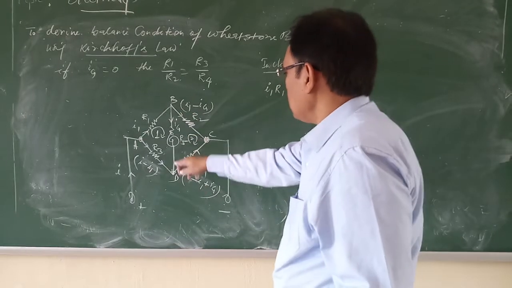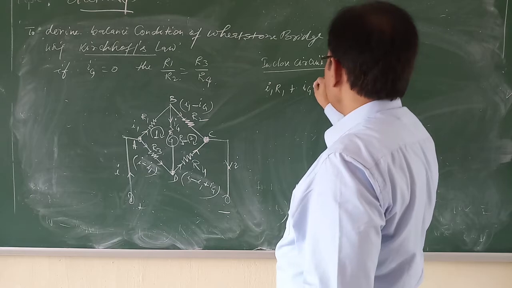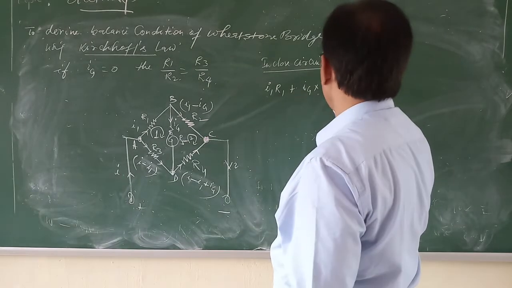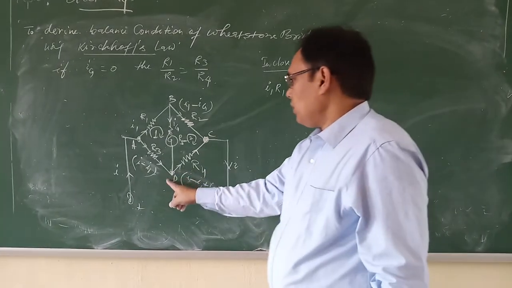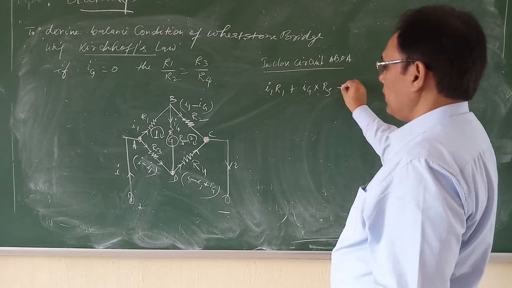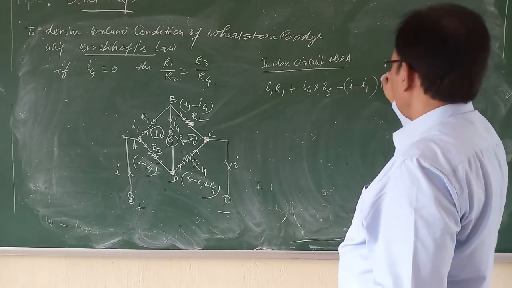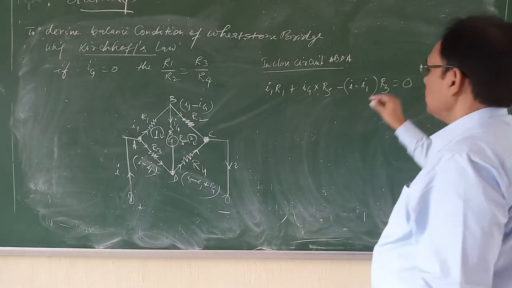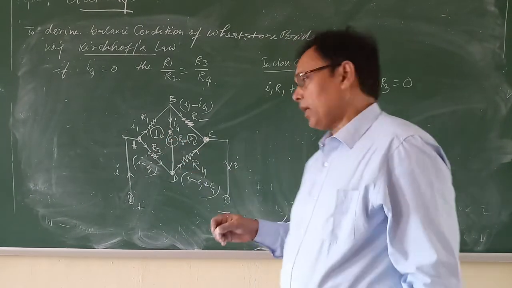B to D, current is also in the same direction, so the product of current IG into resistance R5 should also be positive. Then from D to A, current is in the reverse direction, so the product will be negative, I minus I1 into R3. That will be 0 because there is no cell in this closed circuit.